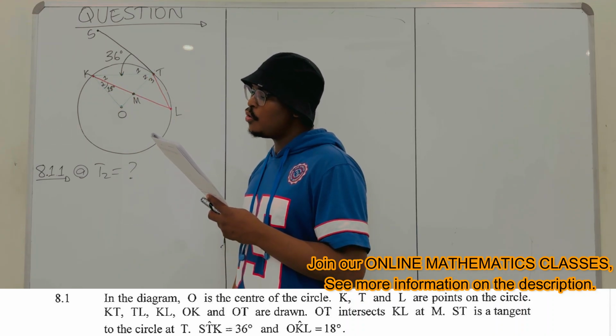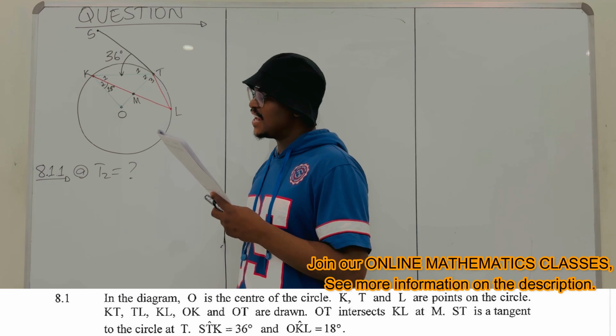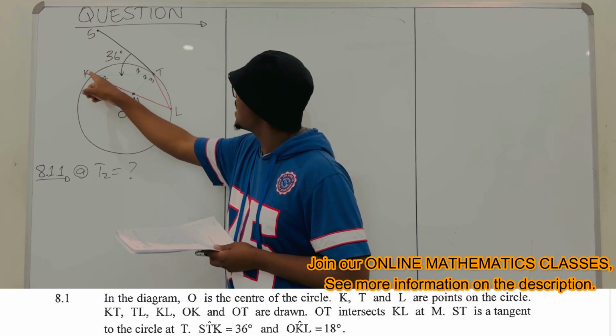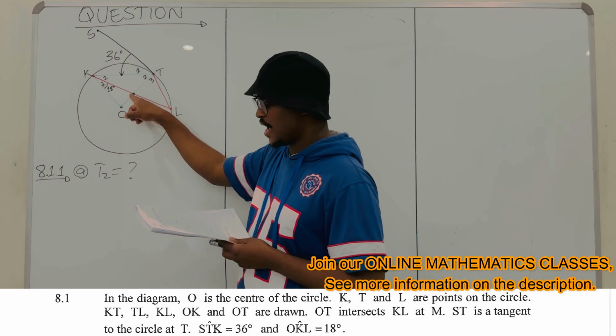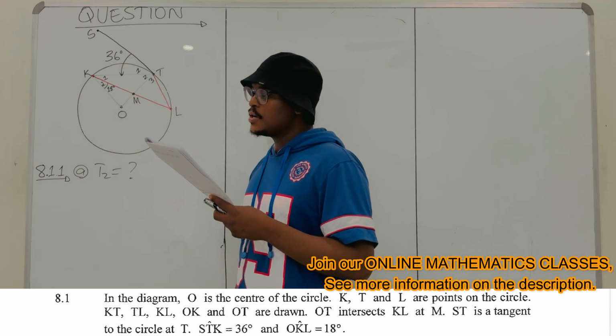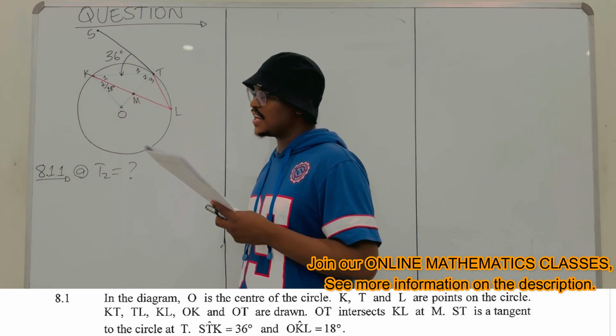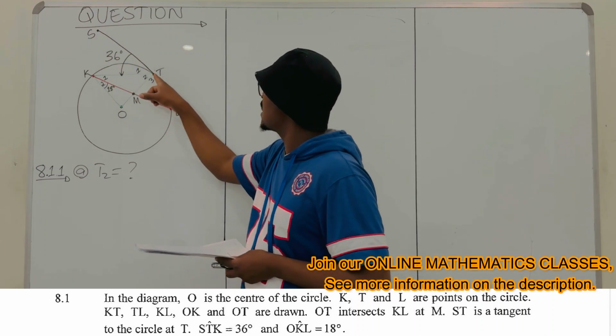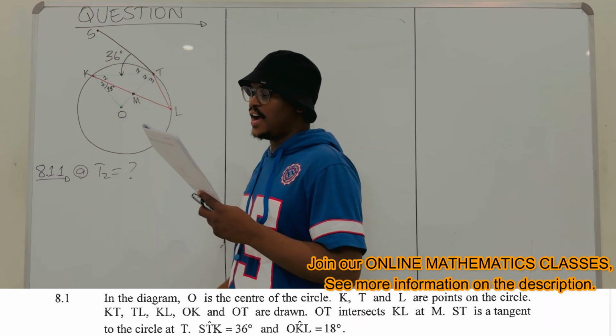They went on to say that OT intersects KL at M. This line OT intersects the line KL at point M over there. They went on to say that ST is the tangent to the circle at T. Fine.